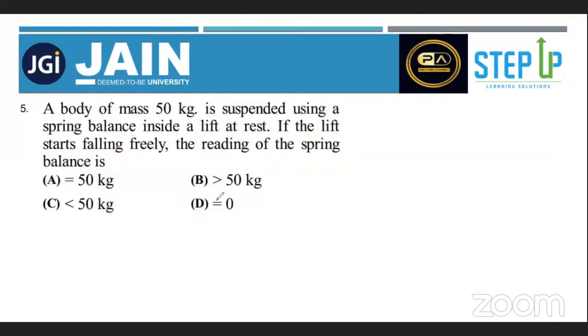Okay, so the answer is 0 because it's a freely falling body. If a body is in a lift, at rest, and it is freely falling, the condition becomes: first of all, it is coming down, so mg minus N, where N is the normal force acting in this direction, equals mass into acceleration.